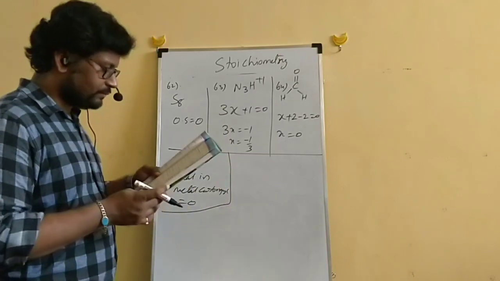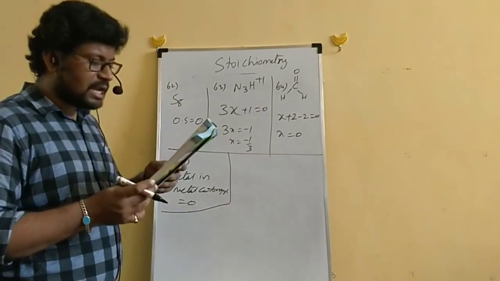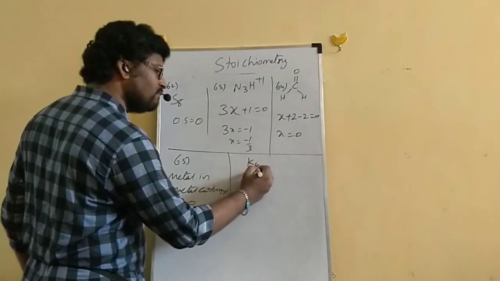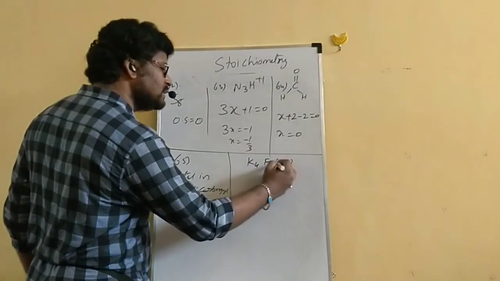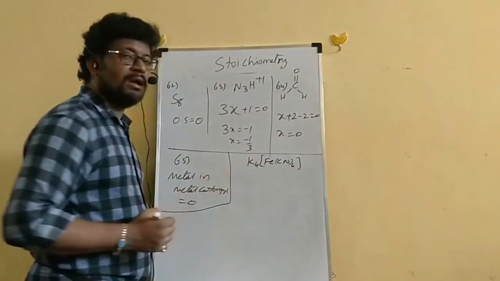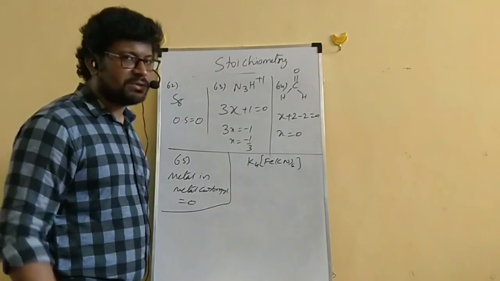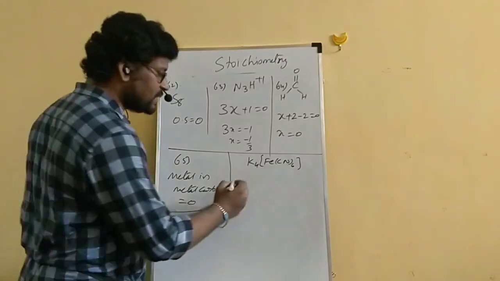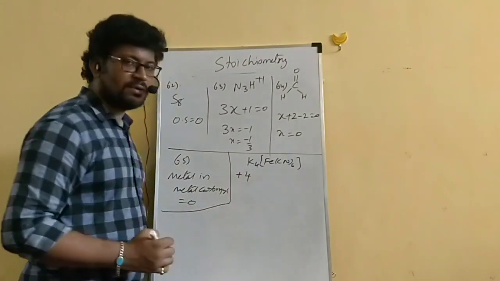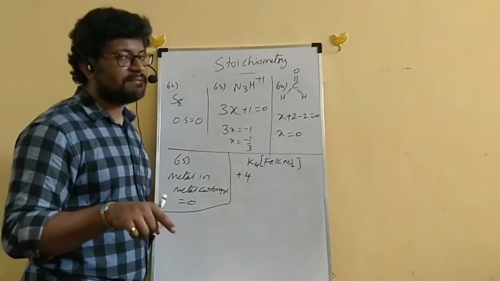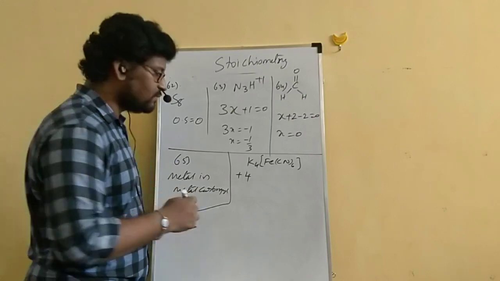Next. Oxidation state of iron in K4Fe(CN)6. We have to find the oxidation number of iron. Potassium is first group, and first group elements will always show plus 1 oxidation state. So it is 4 into plus 1, plus 4.